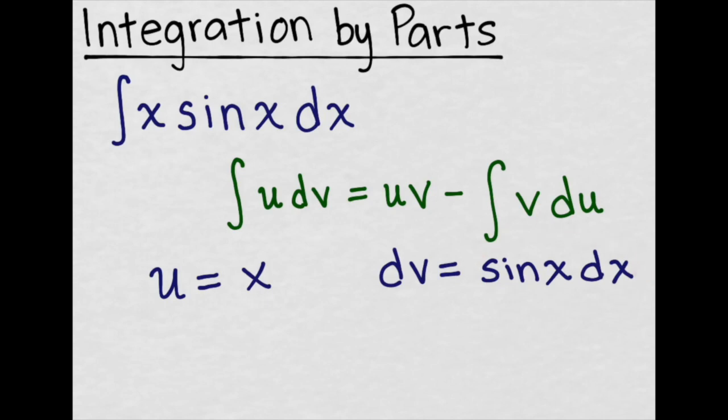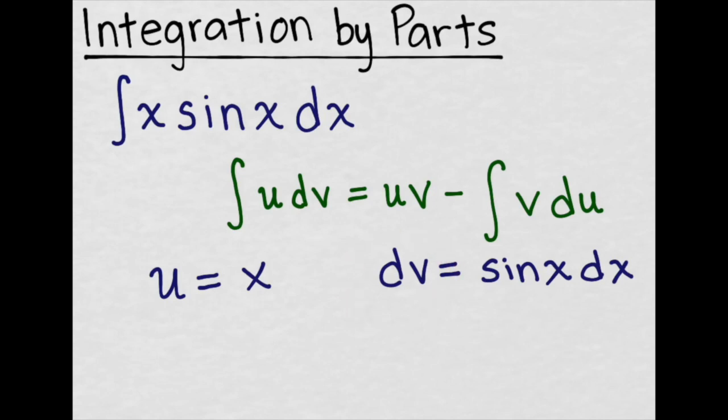And notice that sine of x dx appears here, and the other part of this integrand is x, which is accounted for by this u. So we have essentially made this integrand into this form with these choices of u and dv.